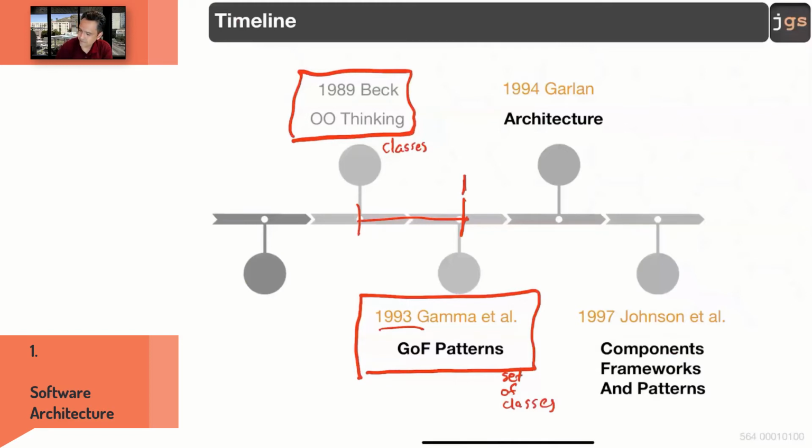From here to here, 1 year. Garlan and Shaw have this idea, this concern about, you know what? The classes, the patterns, the libraries, all these things are solving problems.